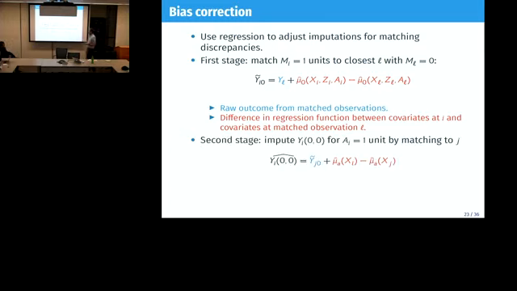Then in the second stage, we'll use this new imputation, which is supposed to be bias corrected, as the outcome, where we again use the raw match from the first time, the way I've been developing it so far.